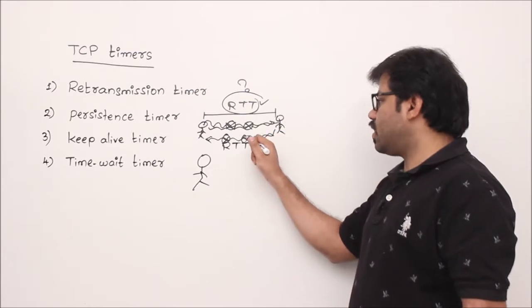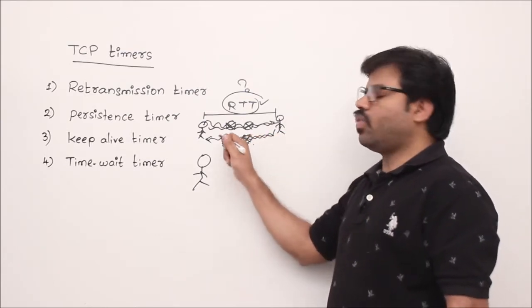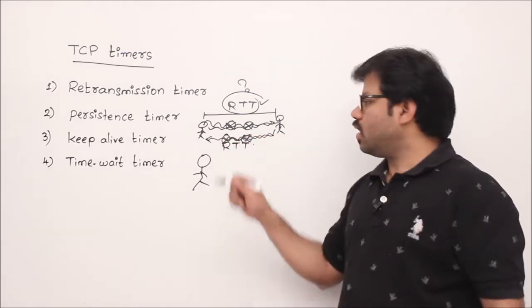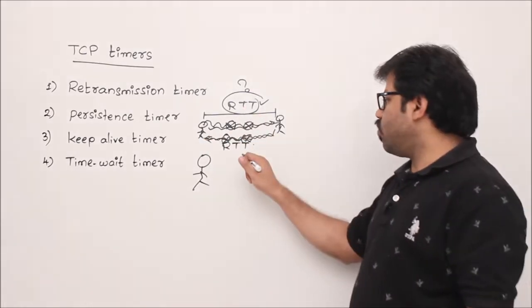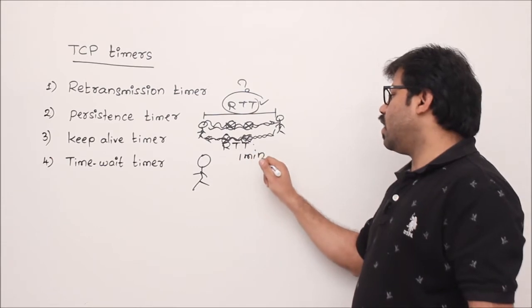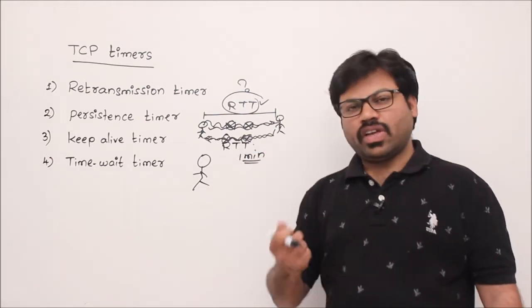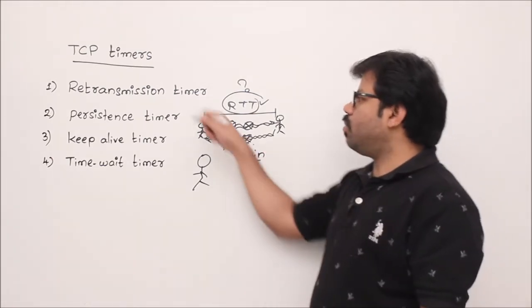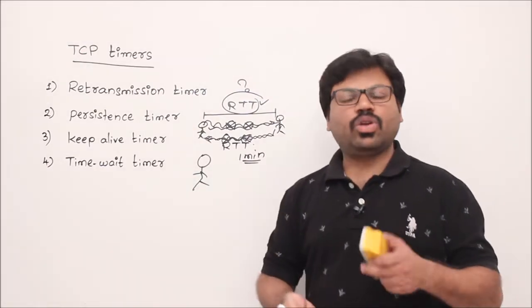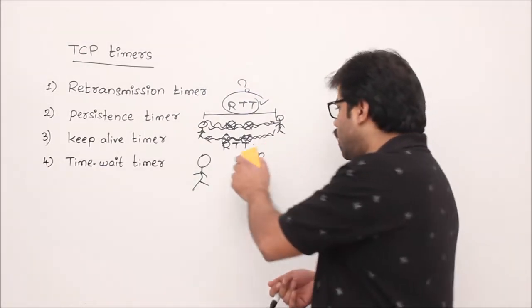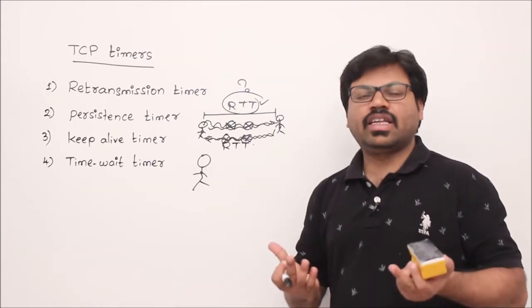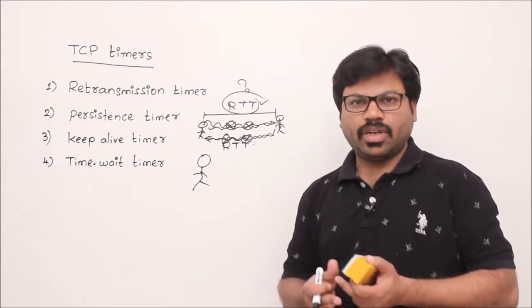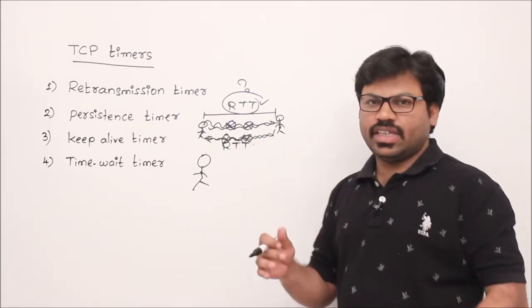After that, the destination sends a packet, it goes through a lot of routers and they process it. The entire thing is the round trip time. Let's say that is 1 minute, and we really know that it is 1 minute. Then we can keep the retransmission timer around 1 minute, maybe 2 or 3 minutes, correct? That's why calculating round trip time is important for us, but the exact round trip time is difficult to calculate because it is dynamic, it will change.